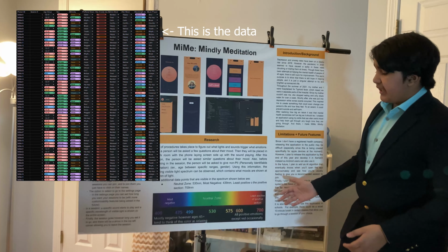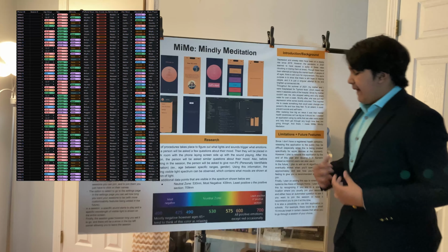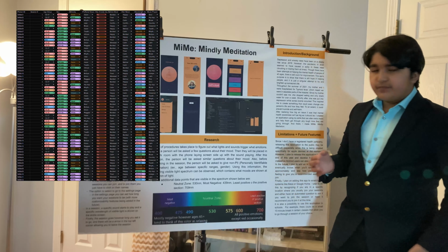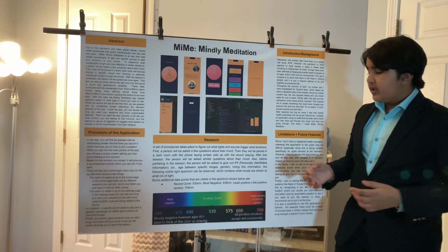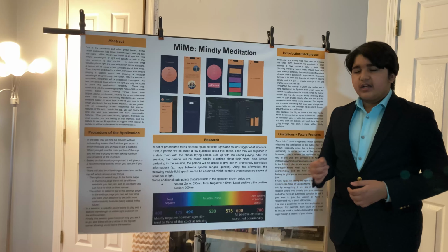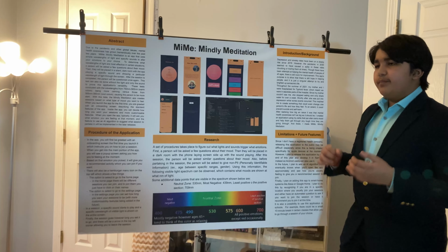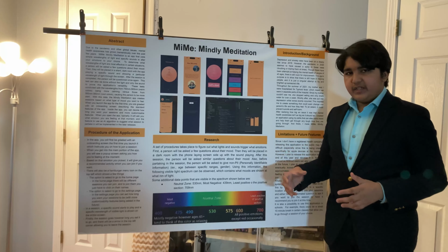This is a visible light spectrum, which contains all colors that we can visibly see. And the most negative is around a 440 nanometer color, so it's more of like an indigo purple. However, ages of 65 plus tend to think of this color as relaxing. And the most neutral color was more of a green.